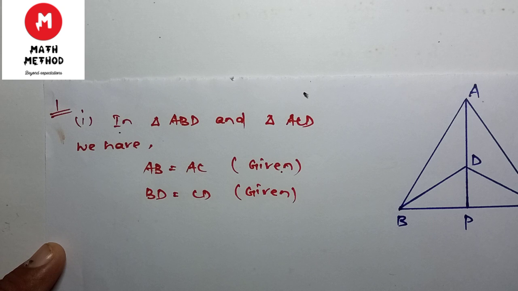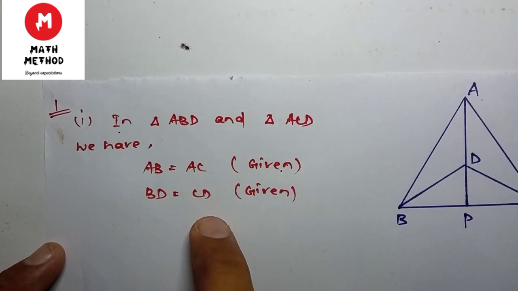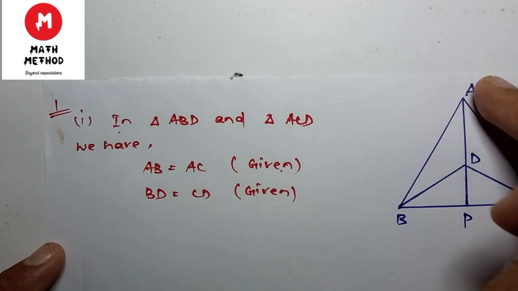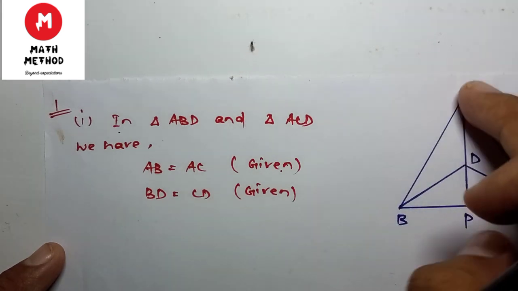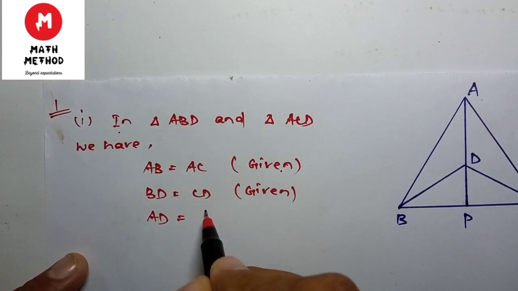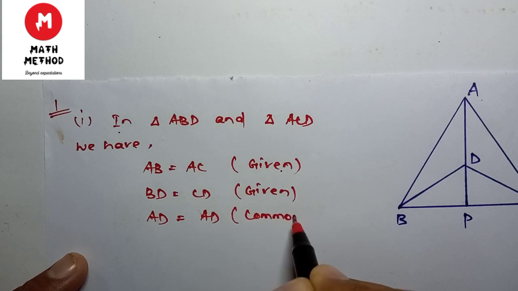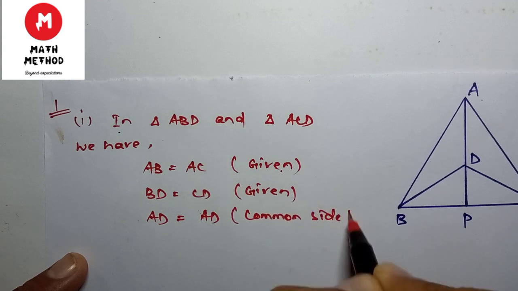Now if we have to find out whether two triangles are congruent, we have to give three data. So we have two, that is given and given. Now in triangles ABD and ACD, AD is our common side, so AD is equal to AD. This is not given, but this is the common side of both triangles.